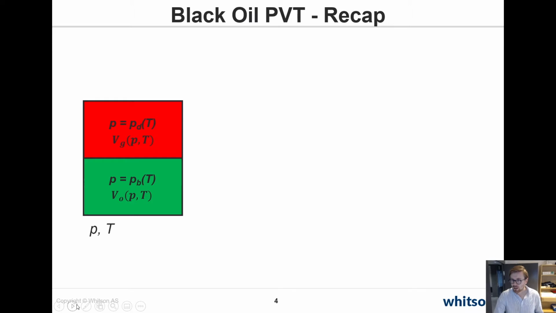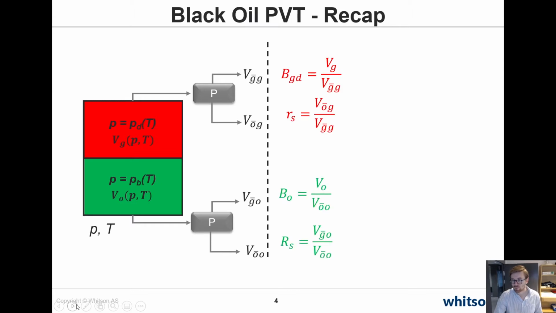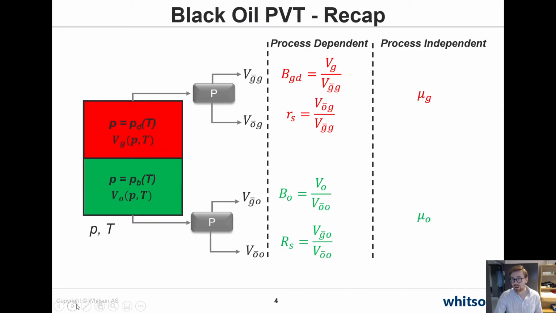Then we defined the different black oil PVT properties, both in terms of surface volumes and reservoir volumes. And we defined the following 4, which are the volumetric related PVT properties, which are process dependent. And then we have the process independent properties, which are the viscosities.